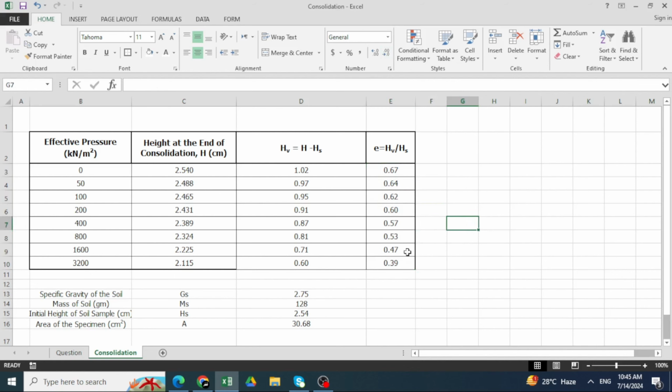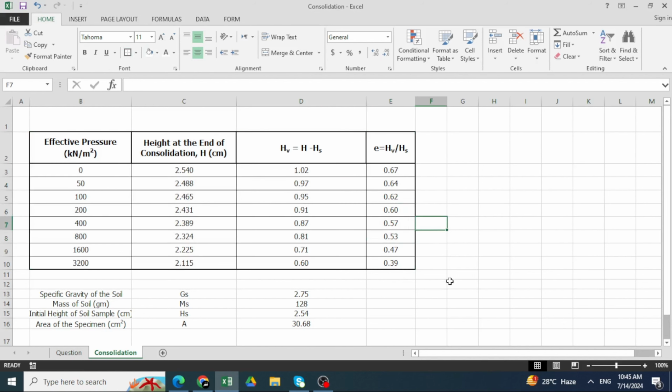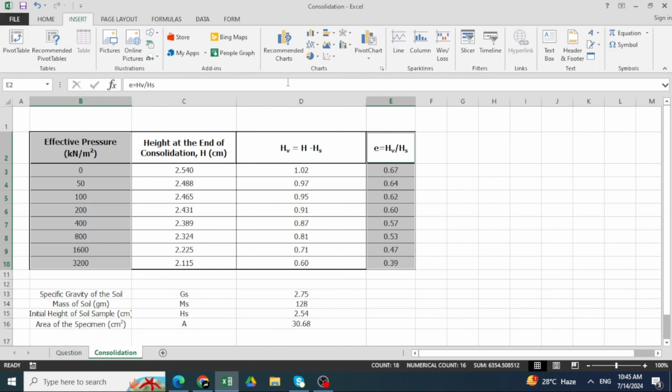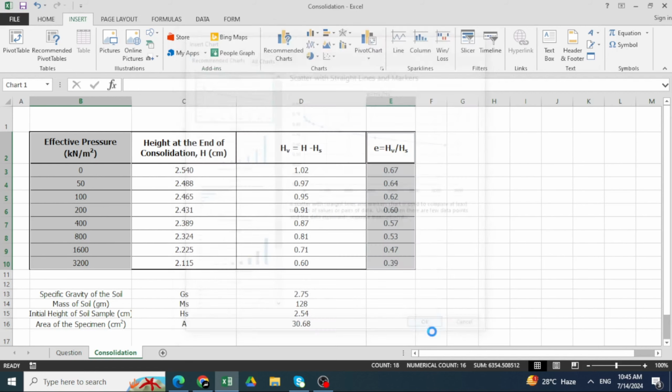Now I want to create a graph, a line graph for the data. Here we have two kinds of data, the effective pressure and the required void ratio, which we have calculated through the formulas. Now recommended charts, let's see. So this chart, we will use this one, and okay.